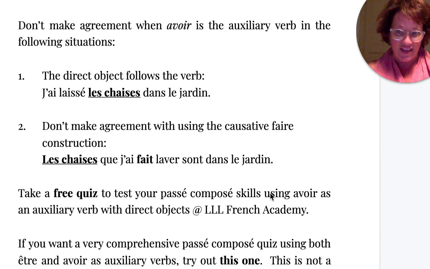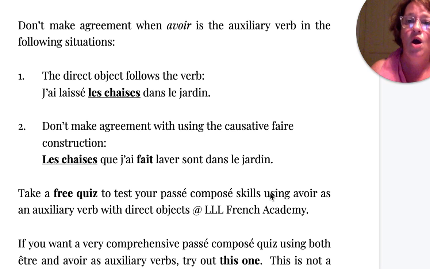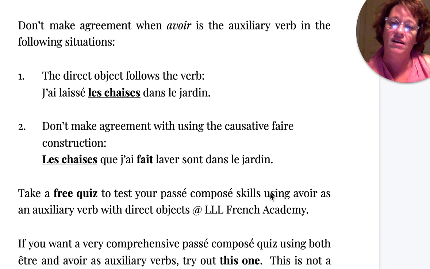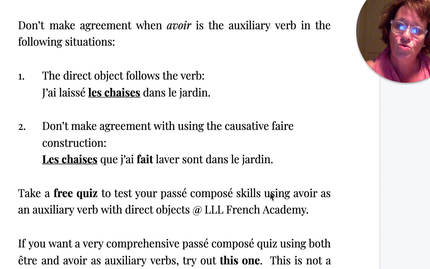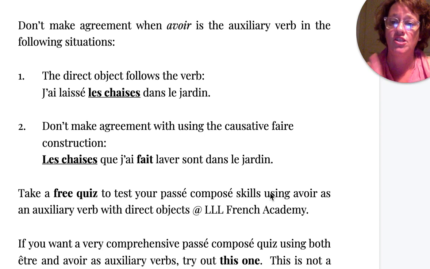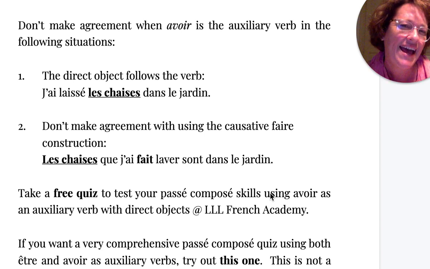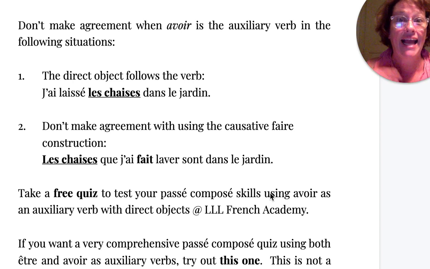This might be a little advanced if you haven't learned the causative faire construction yet, and that's in my B2 level, if you want to have a look at it. You're not going to make agreement with the past participle and the preceding direct object when you're using the causative faire construction. So look at the example and you'll see what I mean. Les chaises que j'ai fait laver sont dans le jardin. So this means the chairs that I had washed, that I had someone else do.